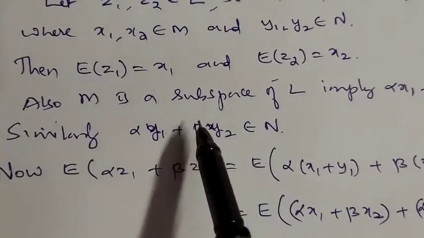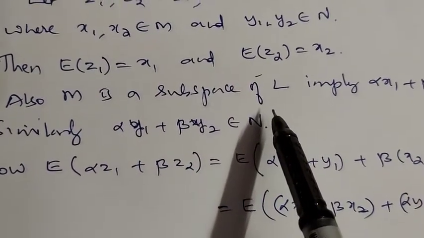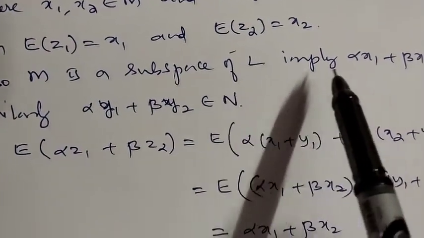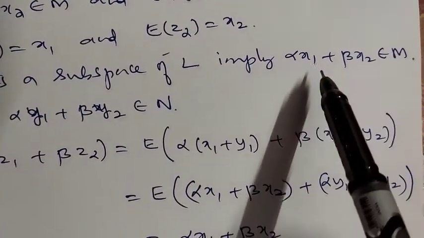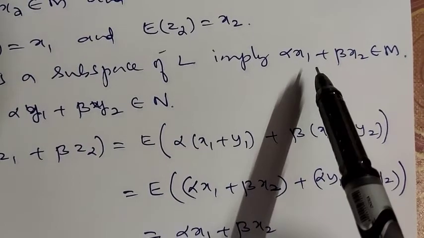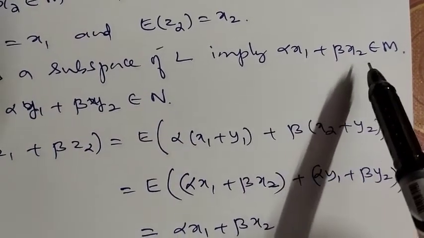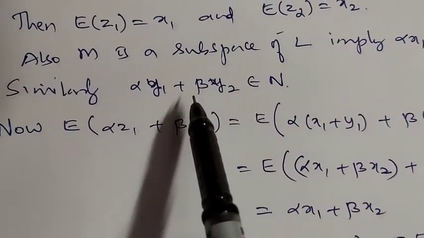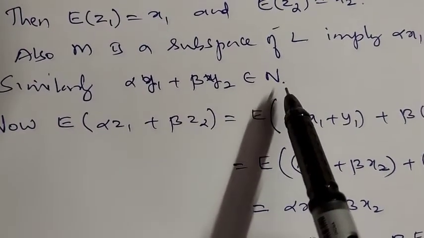Also M and N are both linear subspaces of L. Therefore, if x1, x2 belong to M, the linear combination alpha x1 plus beta x2 belongs to M. Similarly, alpha y1 plus beta y2 belongs to N.